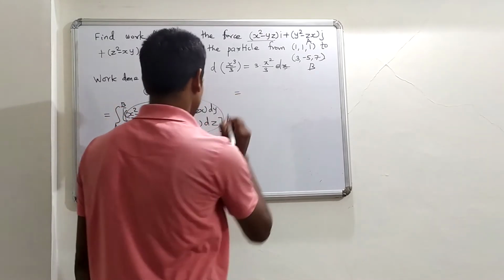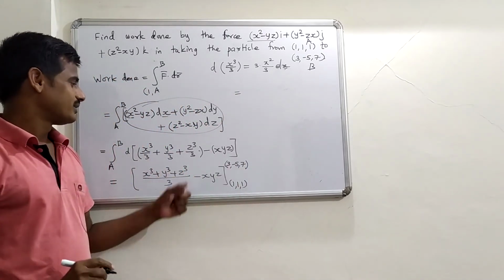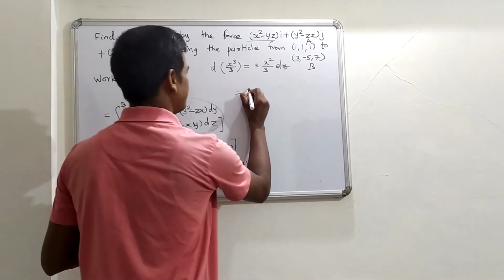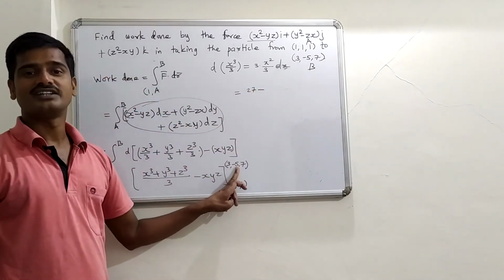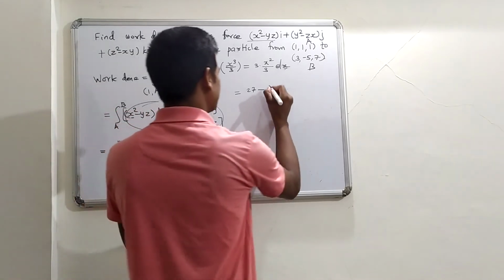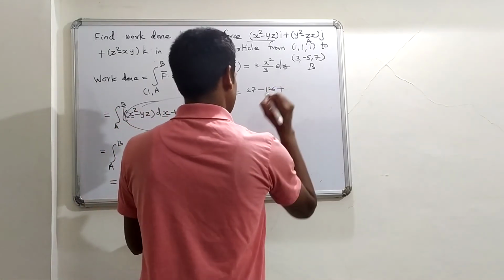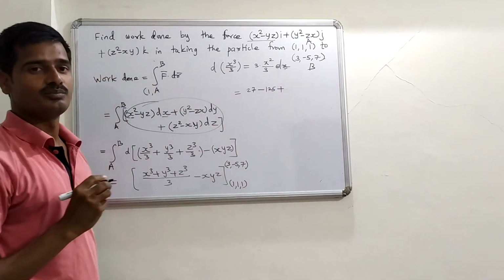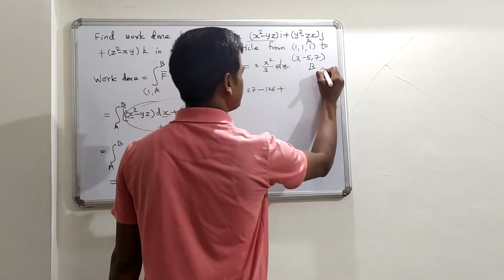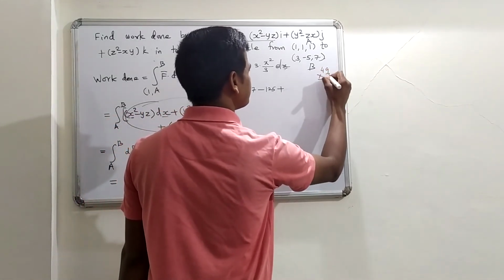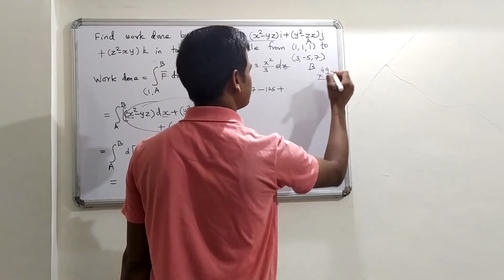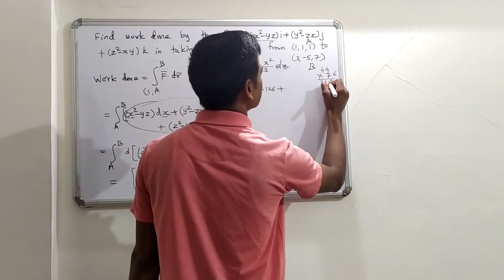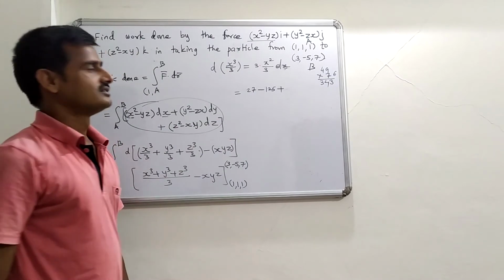So it is equal to x³ + y³ + z³: x³ here is 27, plus y³, where y is −5, so y³ is −125, plus z³, where 7 squared is 49, into 7 is 343.